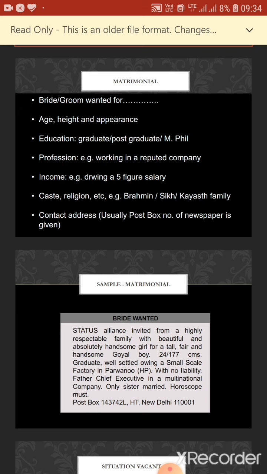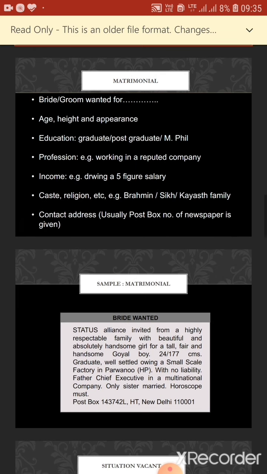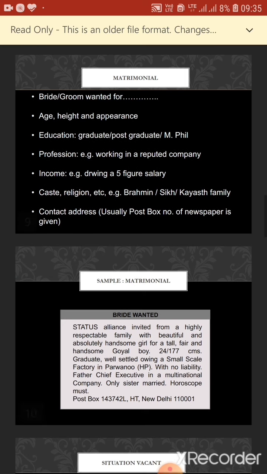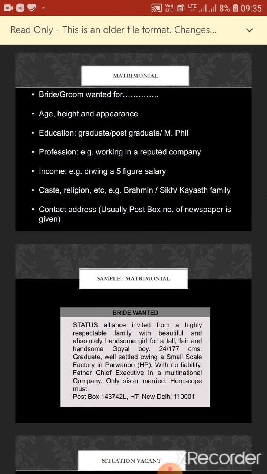Physical description should also be mentioned, like age, height and appearance. Education, graduate, postgraduate, MPhil, whatever the education is, should also be mentioned. Profession, for example, working in a reputed company, or a lawyer, teacher, or professor, whatever the profession is, should be mentioned in the classified advertisement written for matrimonials.